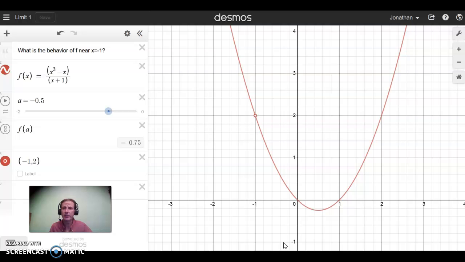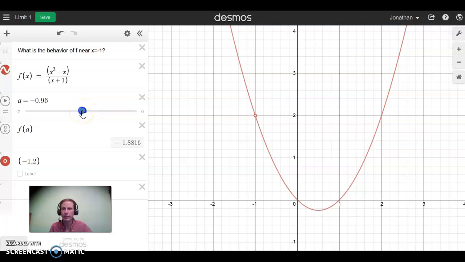To investigate the behavior of f near minus 1, I made this slider here, which allows you to see what happens to an input a, and what the corresponding output f of a is going to be. And you can make a closer and closer to minus 1. So for example, when a is minus 0.5, we get f of a as 0.75. So I'll move a closer and closer to minus 1, and notice that the values f of a are increasing.